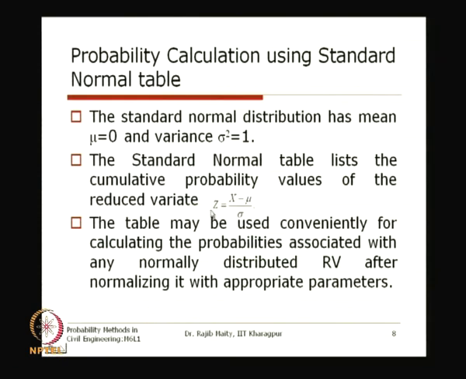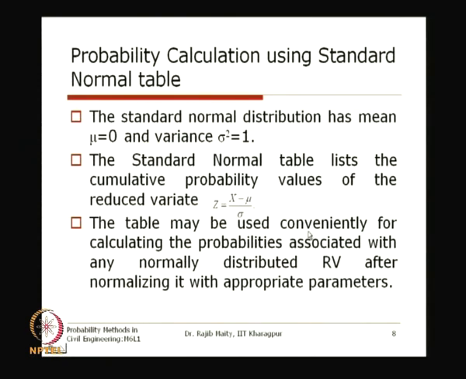Now, this z will also follow a normal distribution with mean equal to 0 and variance equal to 1. So, for any random variable that follows the normal distribution, if we do this transformation, x minus mu by sigma, then the resulting random variable will also have the normal distribution, but its parameters will be mean 0 and variance 1.